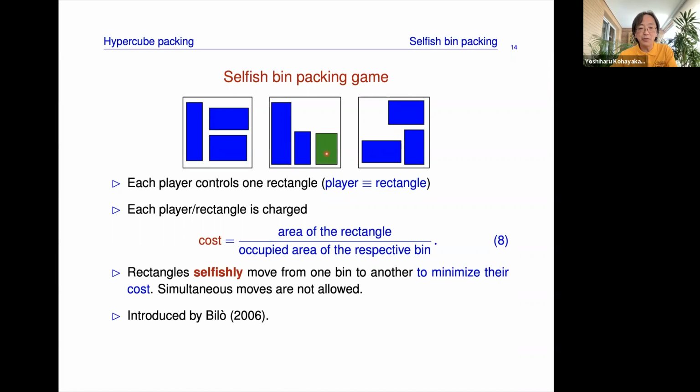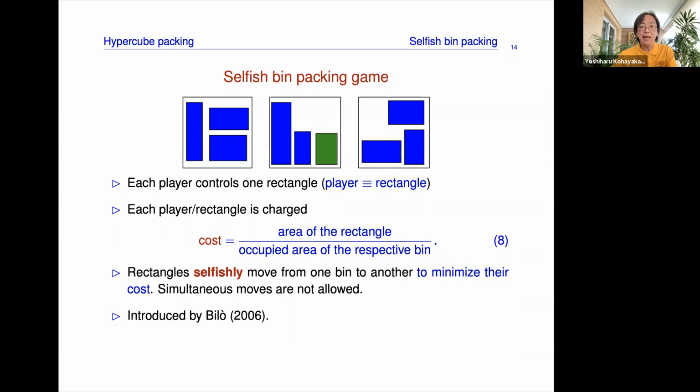So that means that the green pays this expression 8, its own area divided by the total occupied area. If this green was the same size as the two blues, each one would pay 1/3. But since this green is smaller than this tall blue guy, it will pay maybe half or 2/3 of this blue guy, right? So they pay proportional to their area. Okay, so that is the cost that this green guy pays for being in this bin.